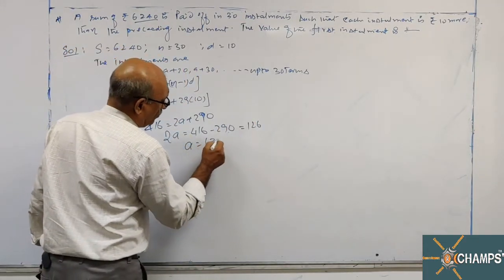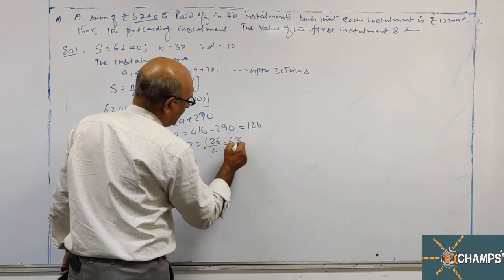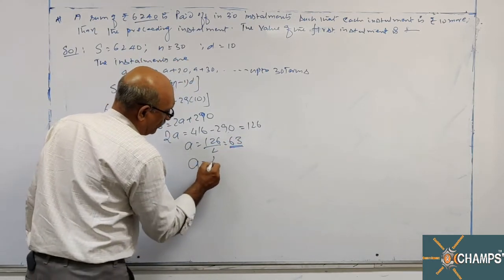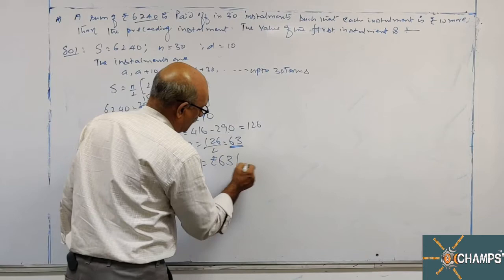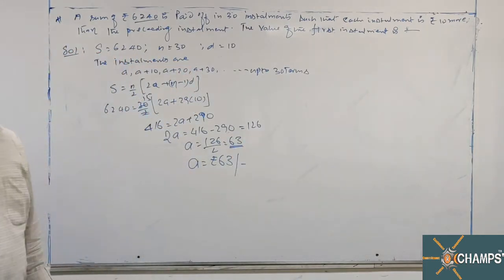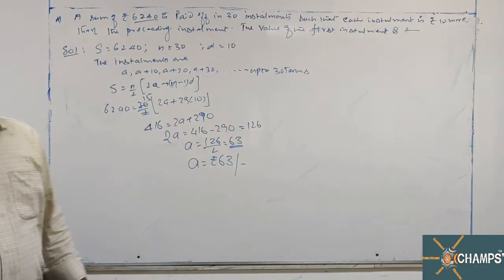A is equal to 126 by 2, 63. A is equal to rupees 63. So the first installment size is 63.